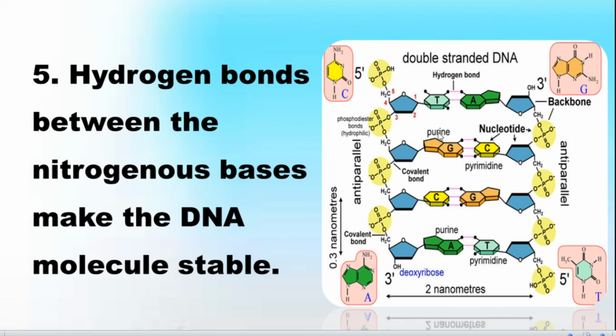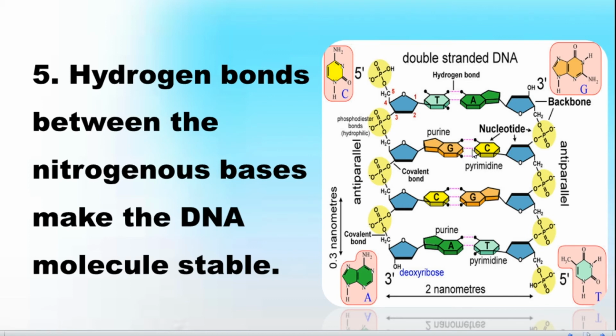So this is purine and pyrimidine. As we have already studied, purine always pairs with pyrimidine. Purine does not pair with another purine.